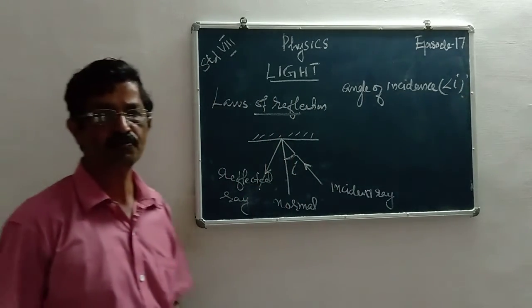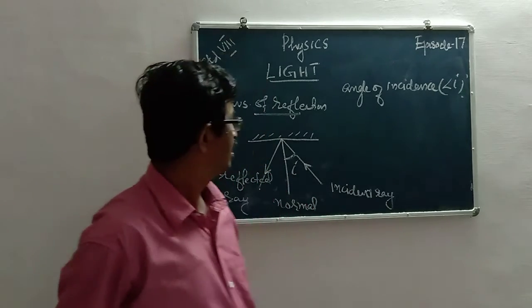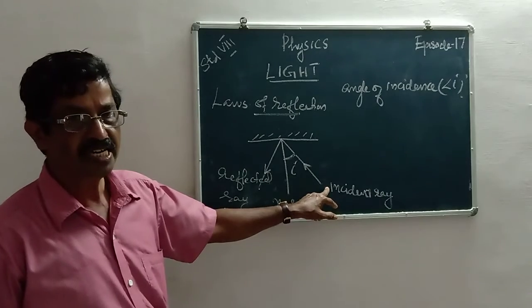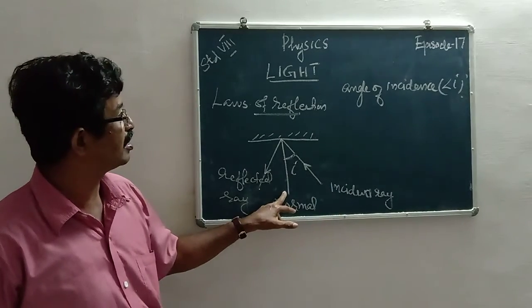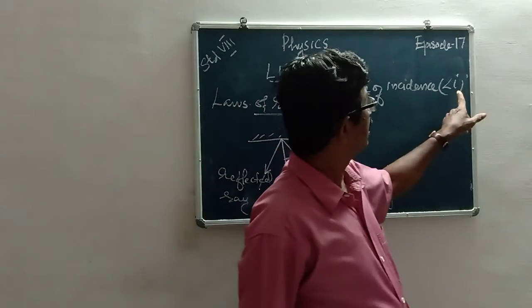What is the angle of incidence? It is the angle between this incident ray and the normal. And we usually represent it with angle i.